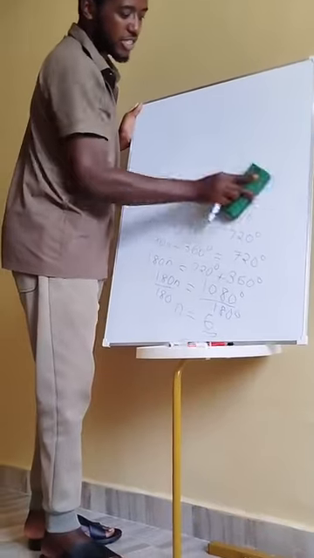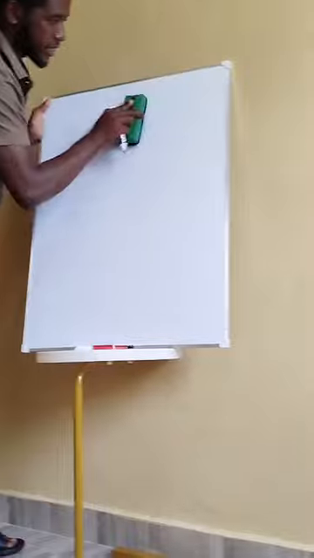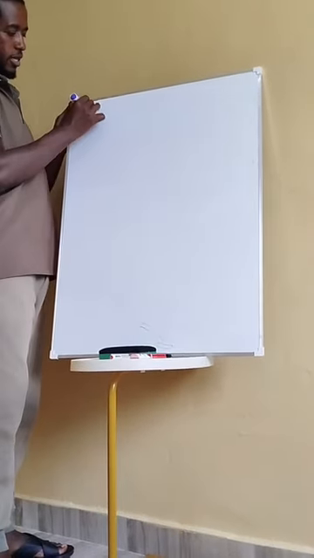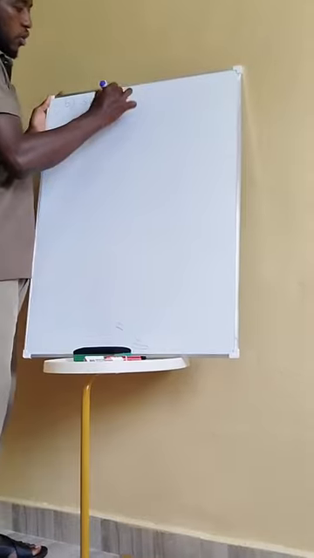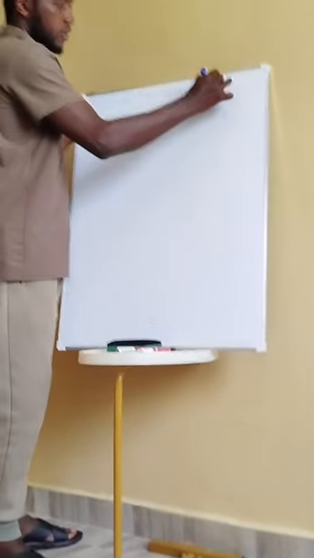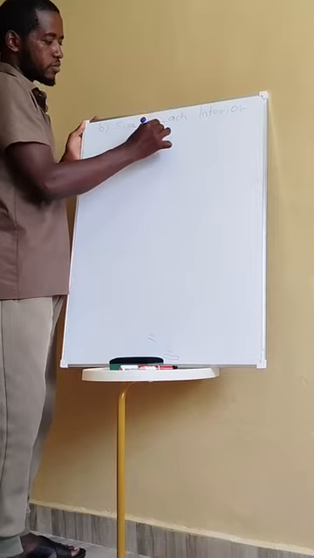We are going to do the last part of our question, and that is, you are told to find the size of each interior angle. So part B is on finding the size of each interior angle.